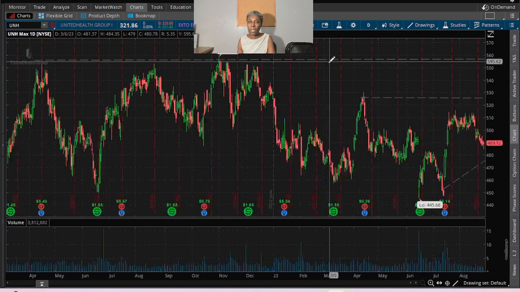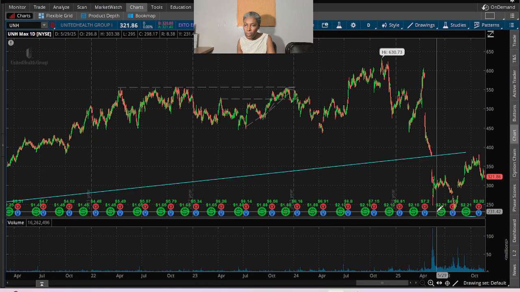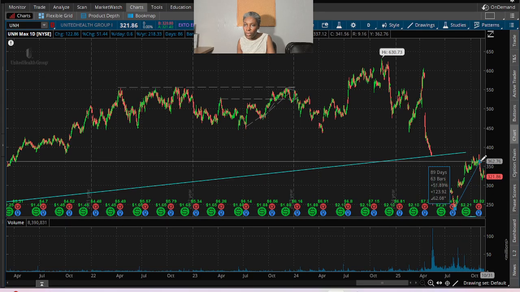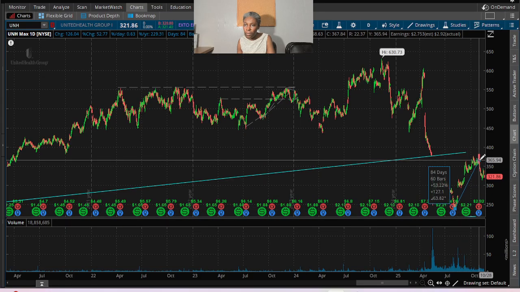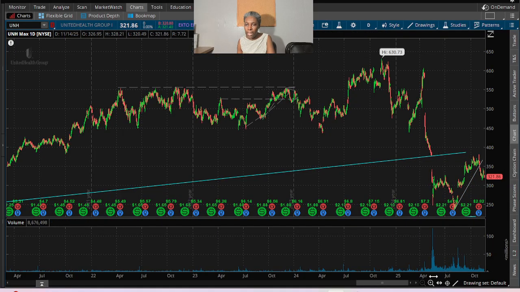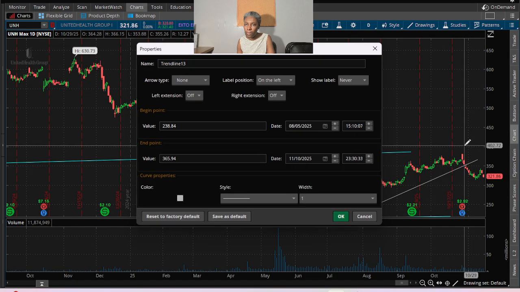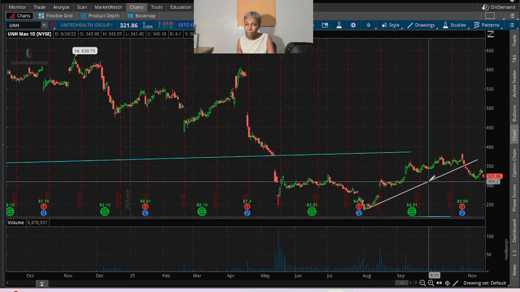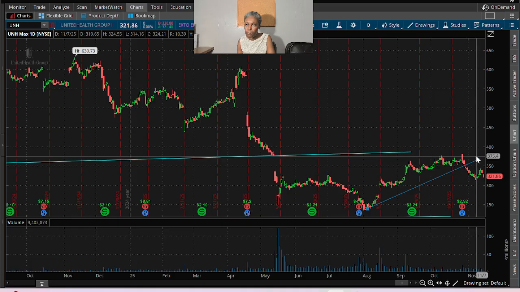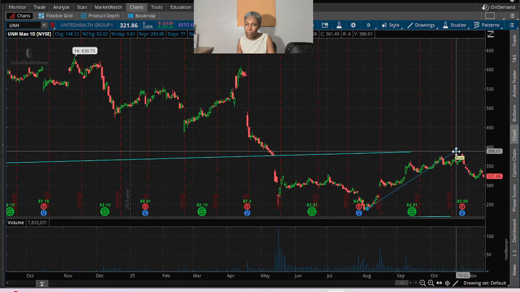We are going to go to the maximum daily chart, and we are going to see what is going on here. I'm seeing some higher highs. I'm seeing that growth there. If I go this way, it's just going to go across it.